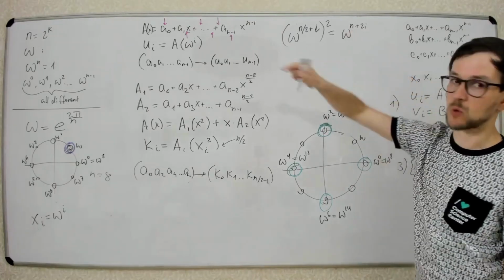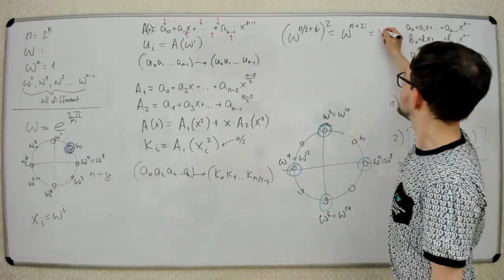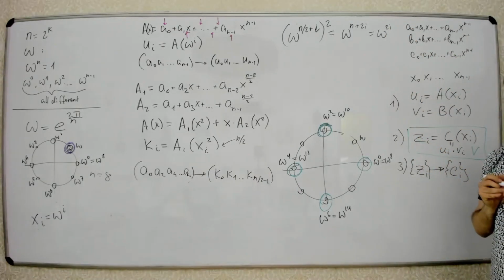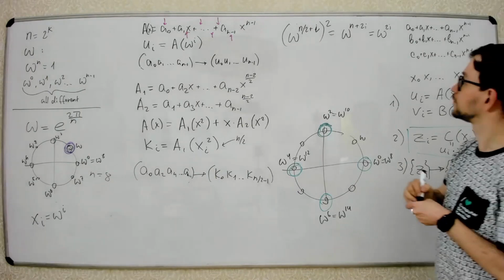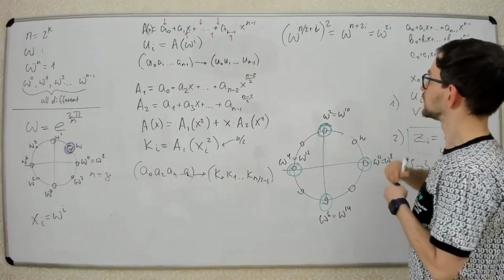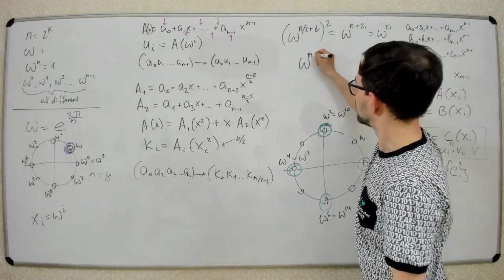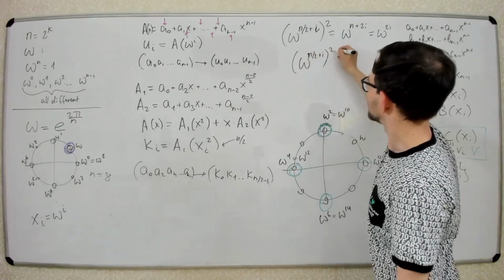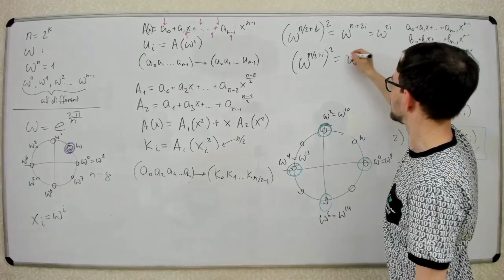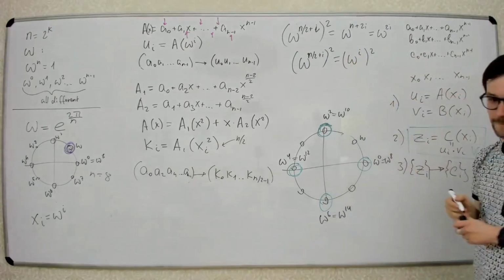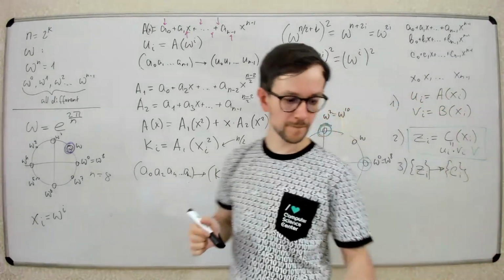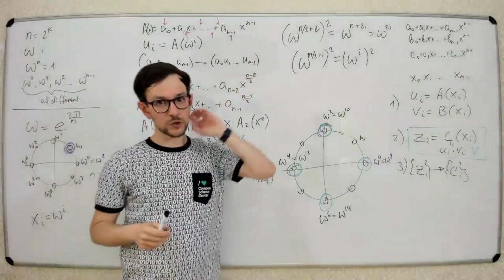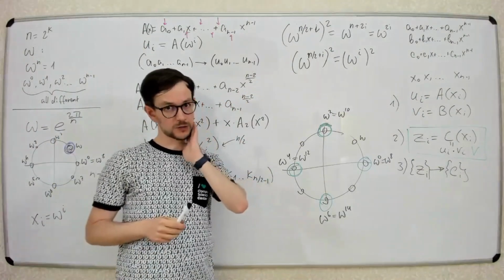W in power n is 1, so it is the same as w in power 2i. So w in power n over 2 plus i, squared, is the same as w in power i squared. And these are the points where I need to calculate my polynomials.